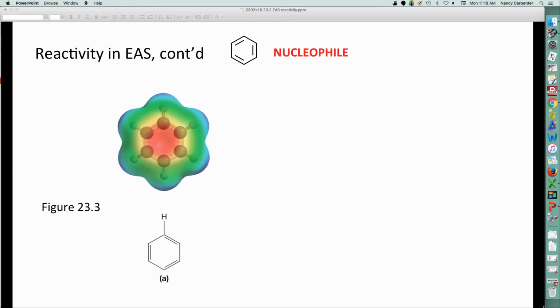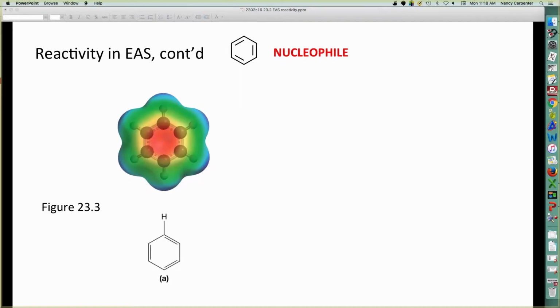So benzene is kind of our standard, and here is a diagram taken right out of your textbook, generated by using computational chemistry, e.g. Gaussian. This is an electrostatic potential map that basically is just showing you where the electron density is in this molecule.